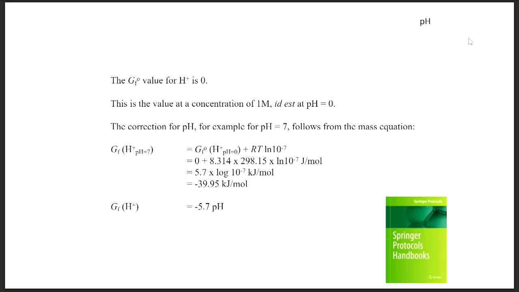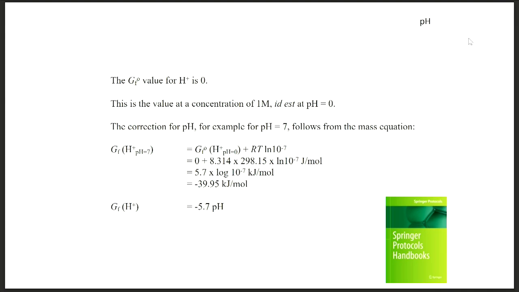Okay, pH, that's very simple actually, but Thauer lists a value of minus 39.95, I think. This helped me to know that I understood the system, because why does he list 39.95? Why is it correct?